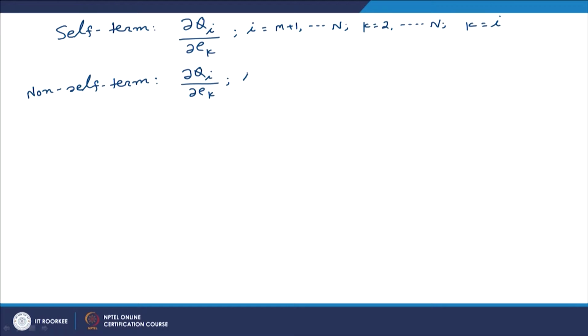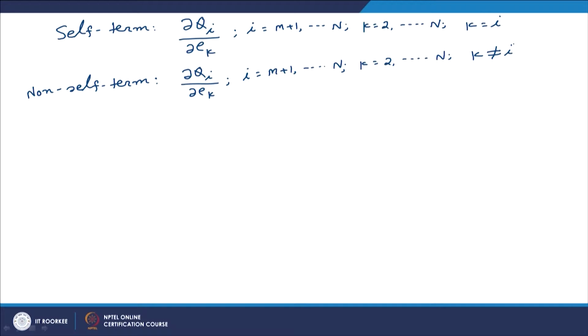The conditions are same, the range of these different indices are same, only difference is that now k is not equal to I. So, now therefore, you have to now find out these expressions.